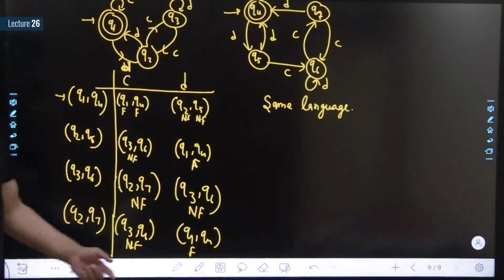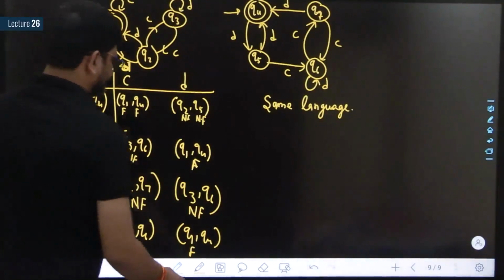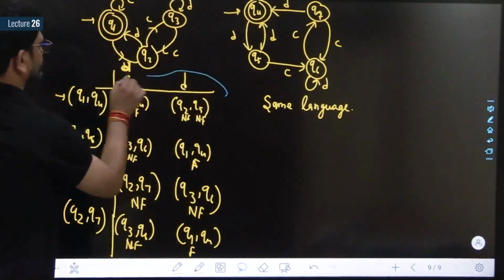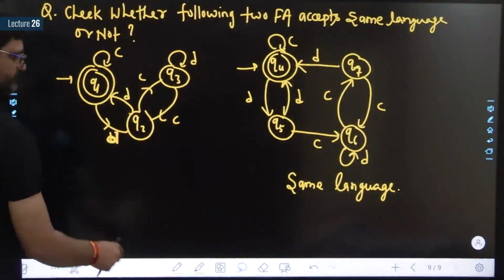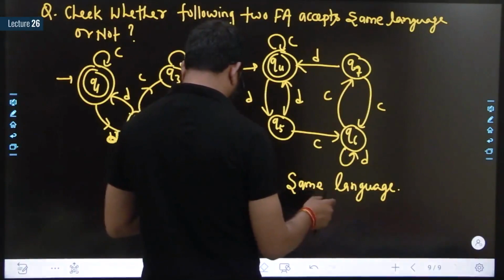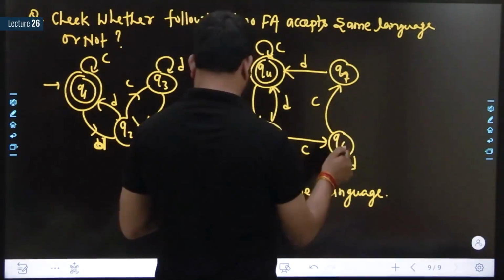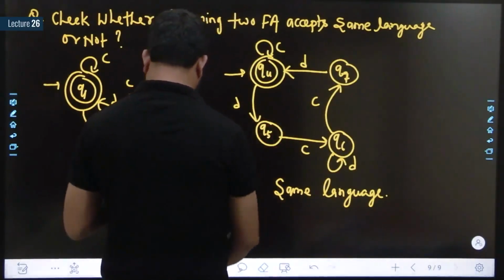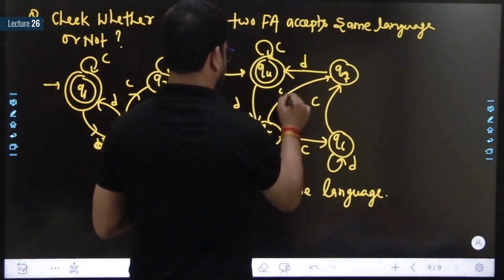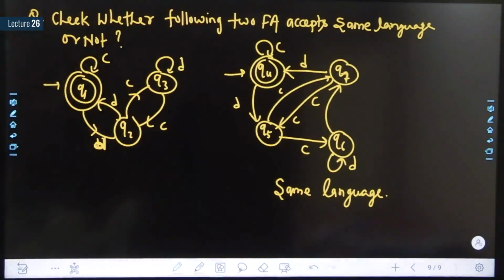Now check the next example. Check whether these two are equivalent or not.